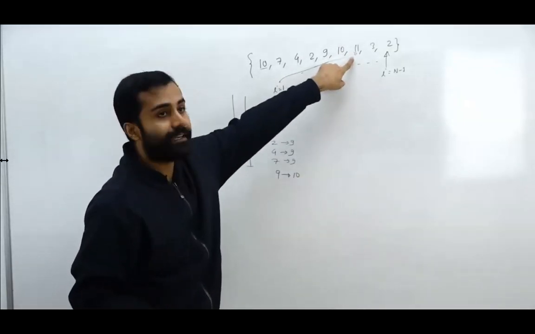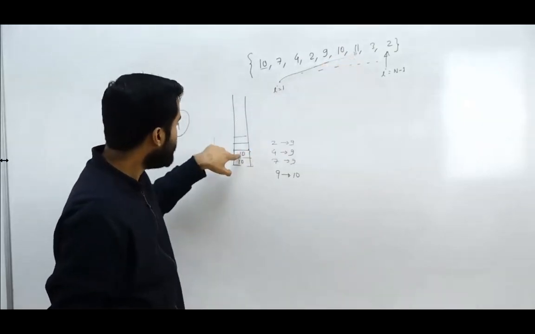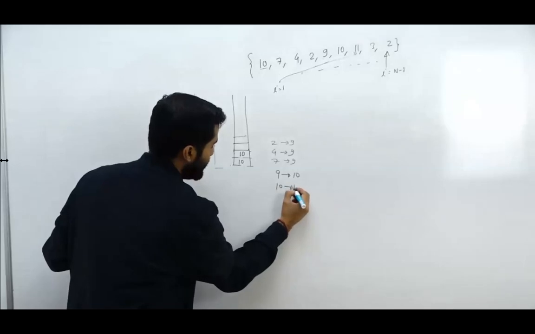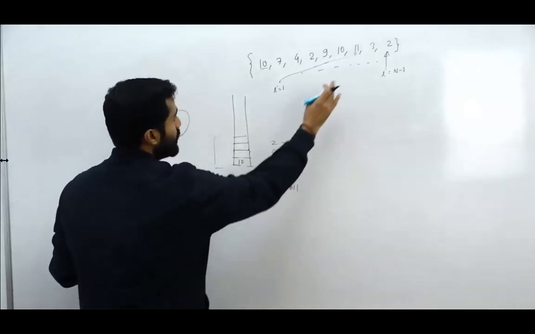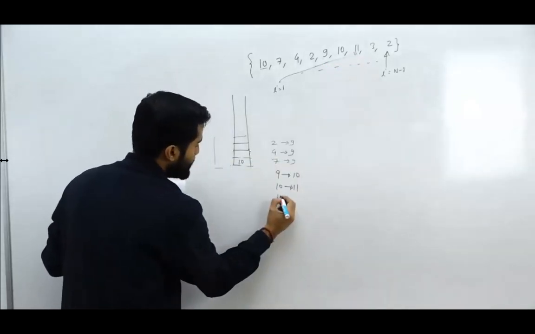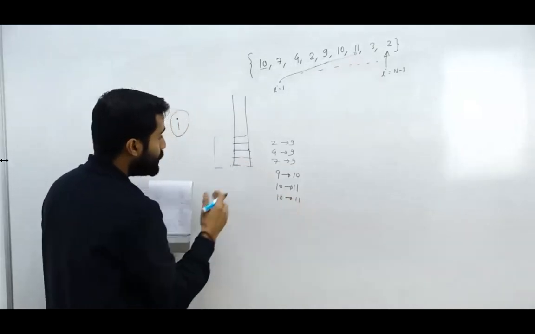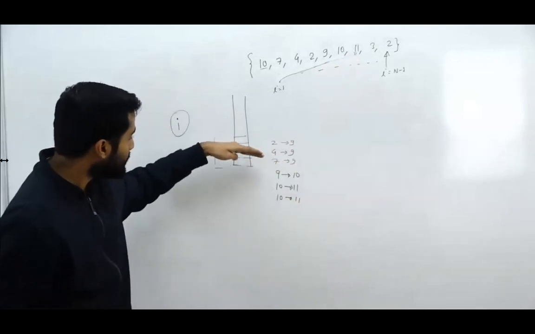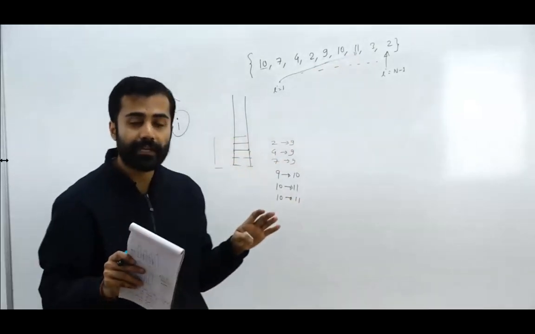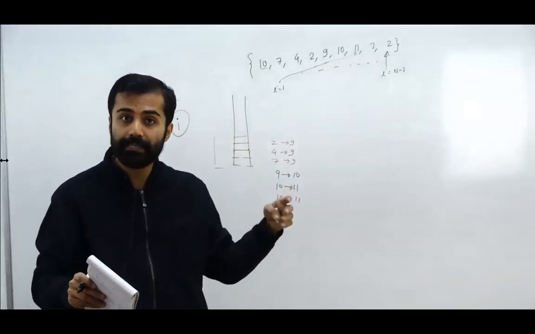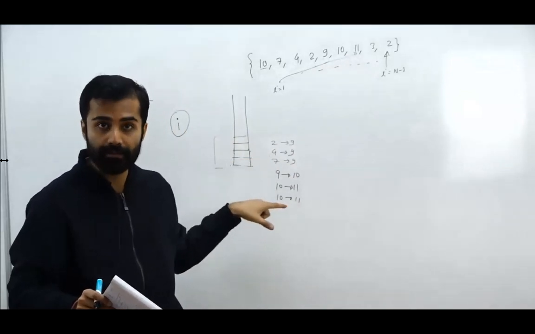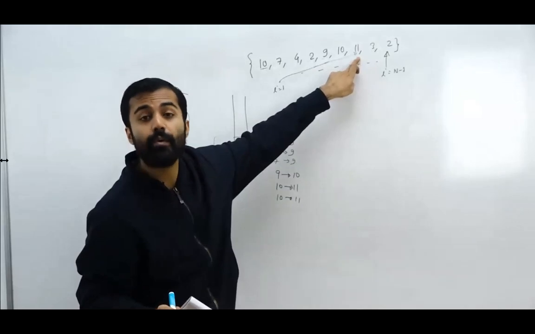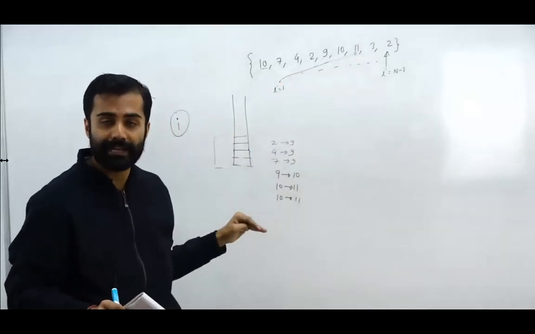You get this 11 again. What will you do? Compare it with the top. You will see that 11 is greater than 10, so that's the next greater element, and you pop. Again, you compare it with the top. See, when you saw 11, you started popping. At some point of time, your stack might become empty, like how it has become now. Because what if your current element is, let's say, 1 lakh, and it is so huge that it emptied all the stack?